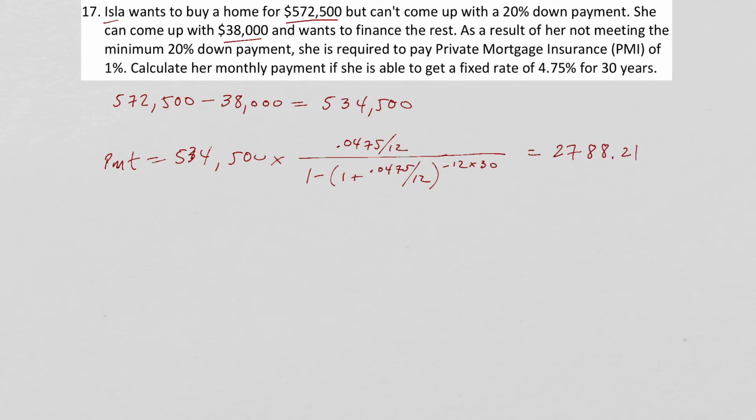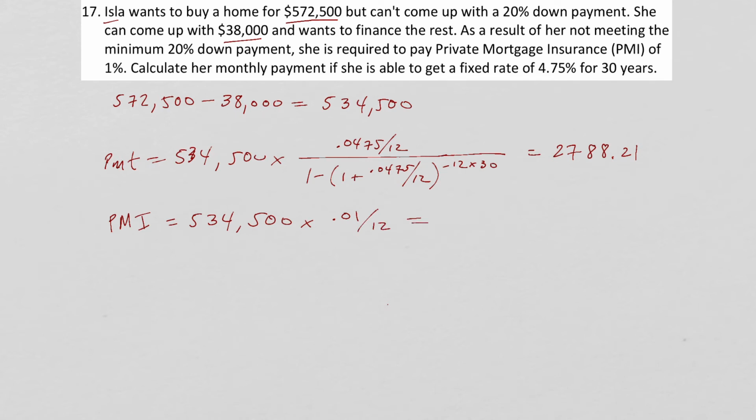But now she's going to, in addition to that, have to pay private mortgage insurance. And private mortgage insurance is typically 1% of your entire outstanding balance per year. So to begin with, it's going to be $534,500 times 0.01 divided by 12.